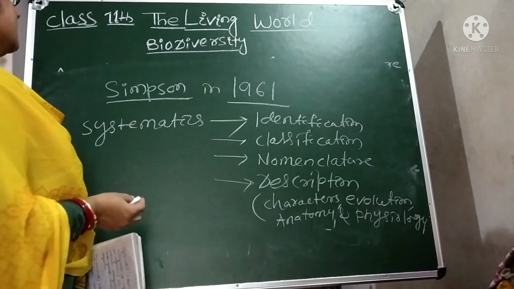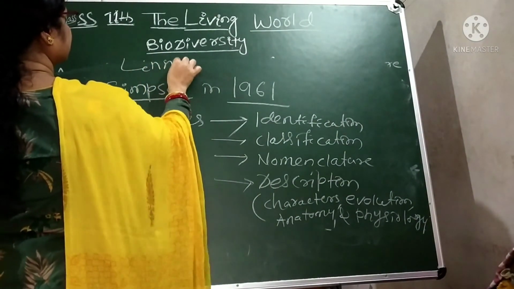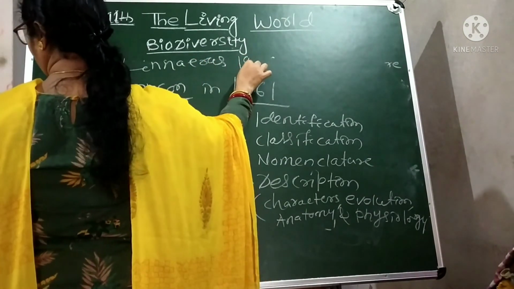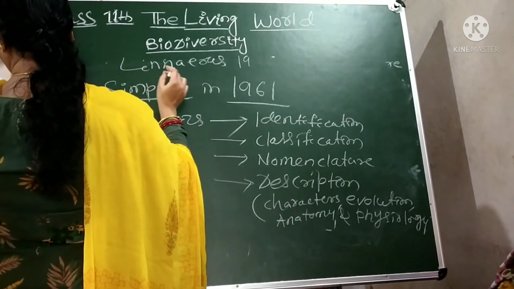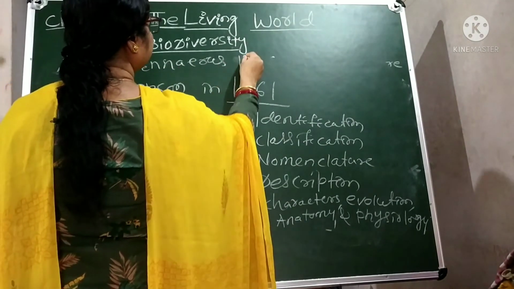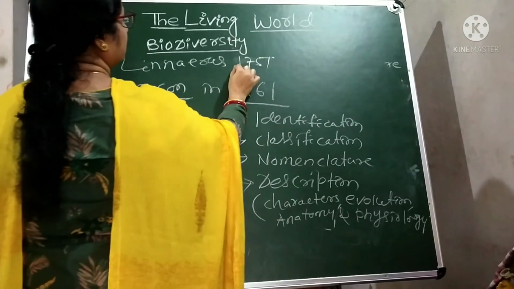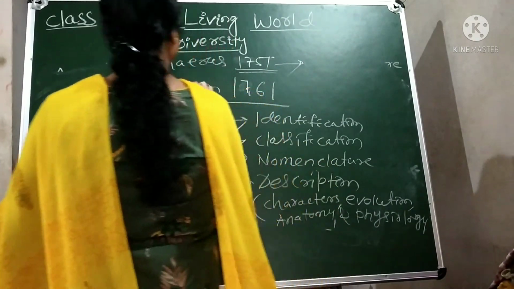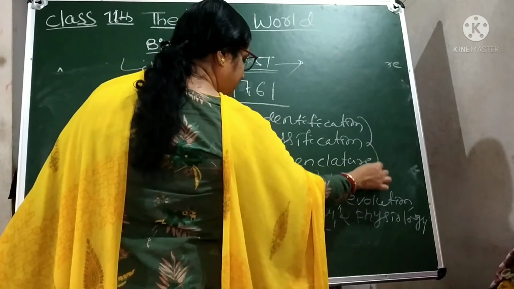Okay. Linnaeus said in 1751 that systematics is of three types: identification, classification, nomenclature.